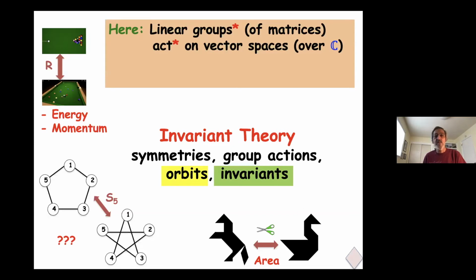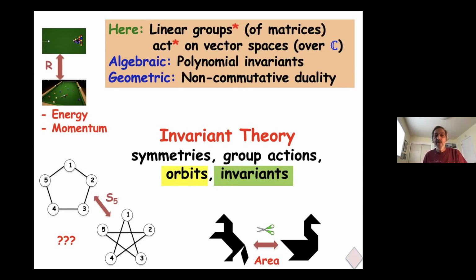I will not get into this. Important here is that this theory has 2 sides which are interplaying beautifully here. One is the algebraic side. In particular, all these actions have polynomial invariants, and a geometric side or analytic side that we will get to later, in particular, a rich duality theory.